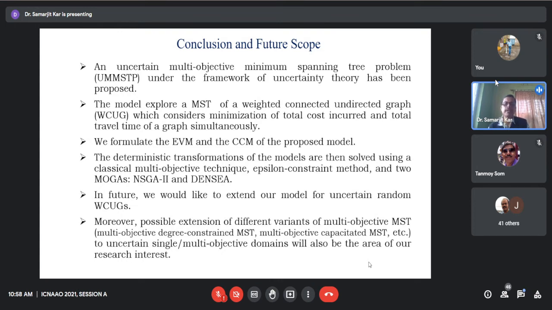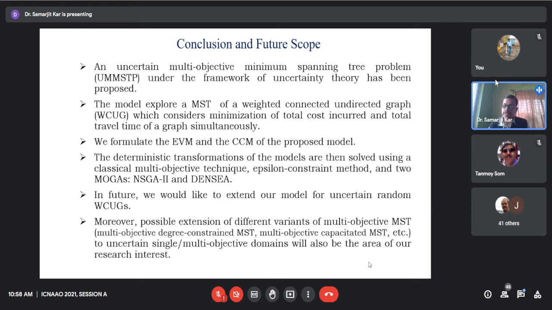And the model explores a multi-objective spanning tree of a weighted connected undirected graph, which considers minimization of total cost and minimization of the total time through graphical simulation. And obviously we formulate both the uncertain expected value model and the chance constant model to solve this proposed model.